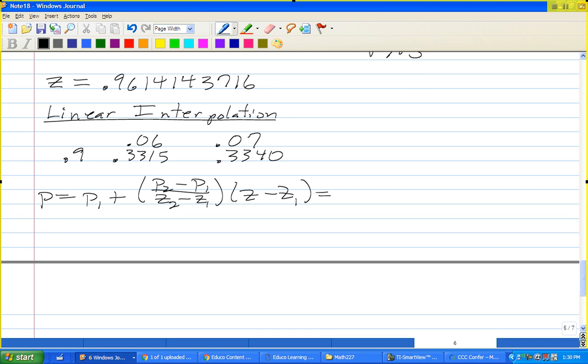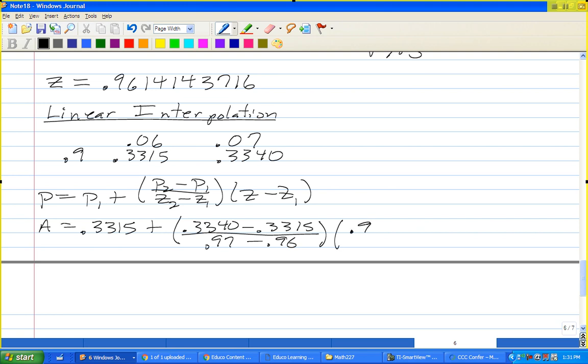And so I have here 0.3315 and 0.3340. I'll probably call this A. So 0.3315 plus 0.3340 minus 0.3315, over 0.97 minus 0.96, times 0.9614143716 minus 0.96.